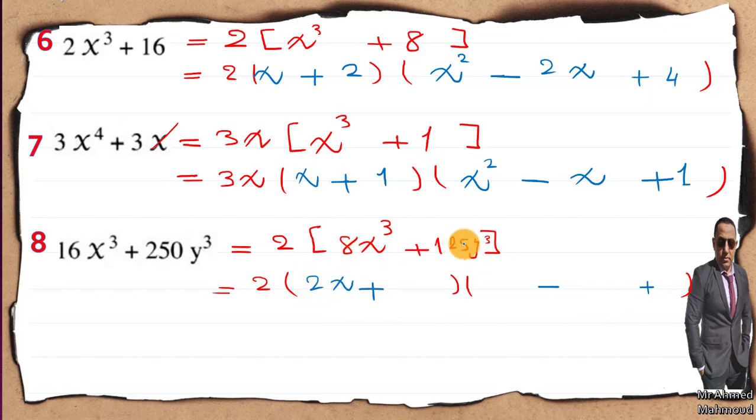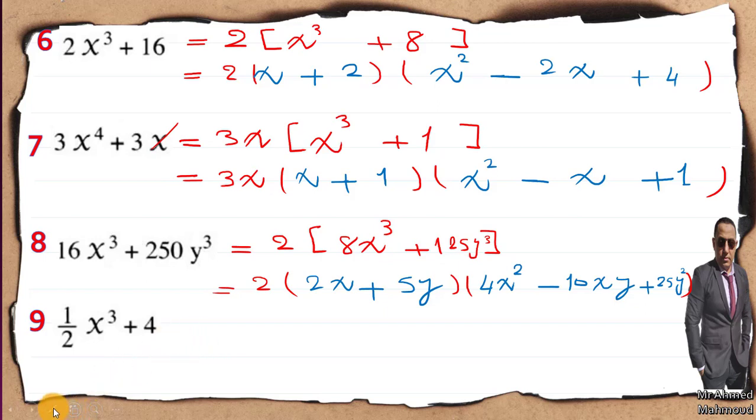Cubic root of 125y power of 3 equals 5y. 2x all power of 2 equals 4x power of 2. 5y all power of 2 equals 25y power of 2. First times second, 2 times 5 equals 10. X times y equals xy.